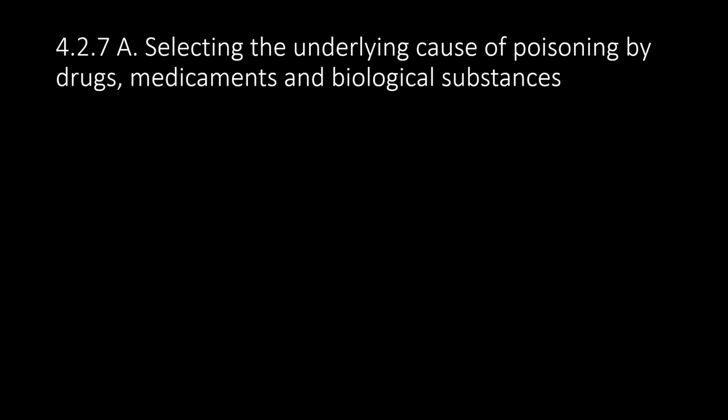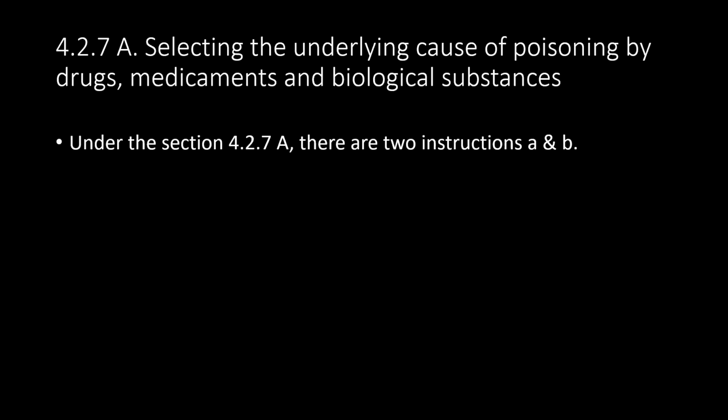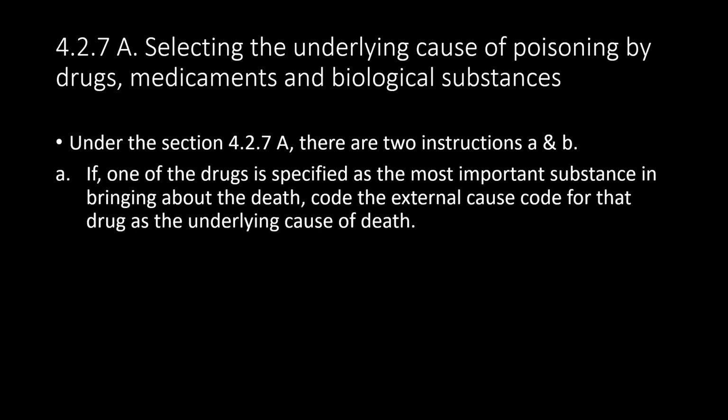Under 4.2.7a, there are two instructions, A and B. Now we will discuss instruction 4.2.7a, section A. If one of the drugs is specified as the most important substance in bringing about death, code the external cause code for that drug as the underlying cause of death.